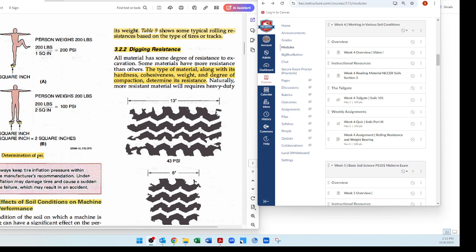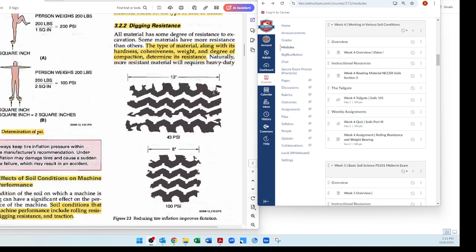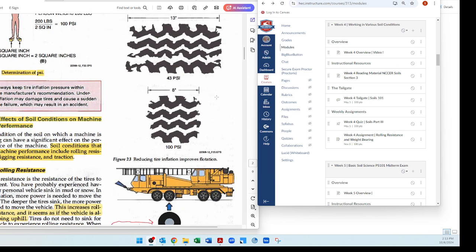All material has some degree of resistance to excavation. Some materials have more resistance than others. The type of material, along with its hardness, cohesiveness, weight and degree of compaction determines its resistance. Naturally, more resistant material requires heavier duty equipment.